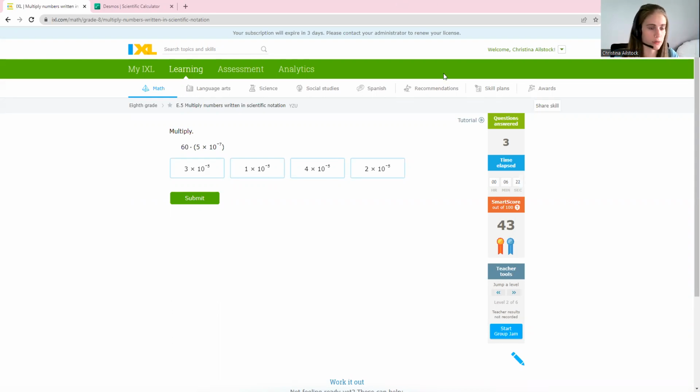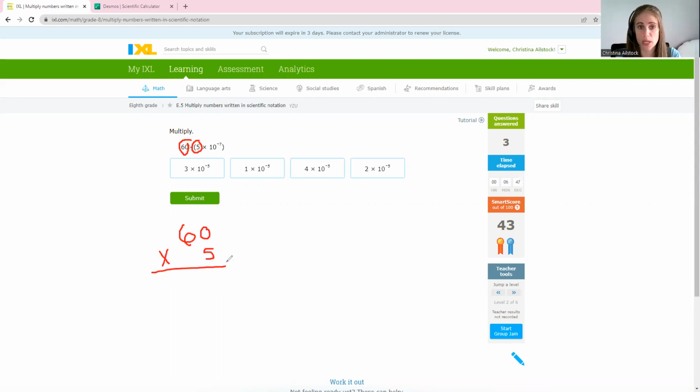Well, we're going to start off with multiplying our coefficients. So 60 and 5. If you're able to do that in your head, awesome. If not, then do multiplication on paper the long way. I'll go ahead and just give you a quick reminder on how to do that. So 60 times 5.